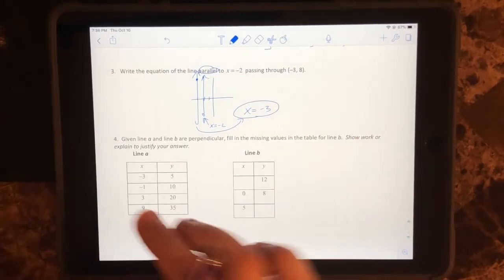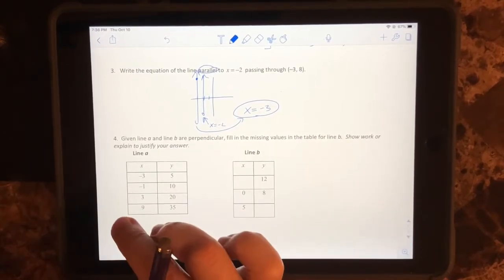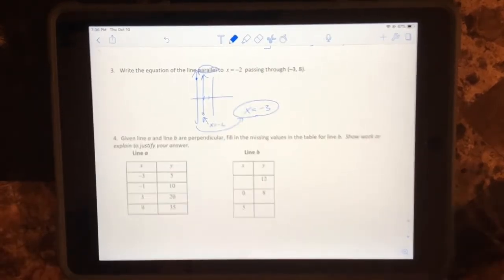Would you please take 30 seconds and try this problem before you press play again?